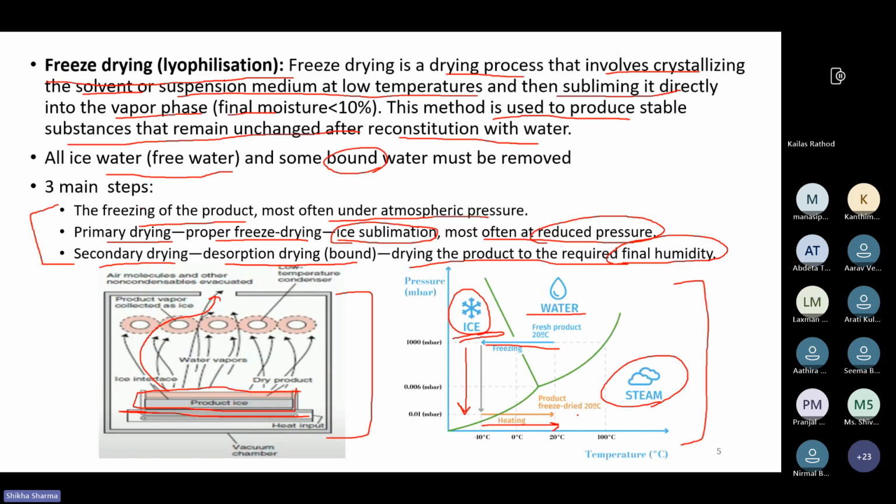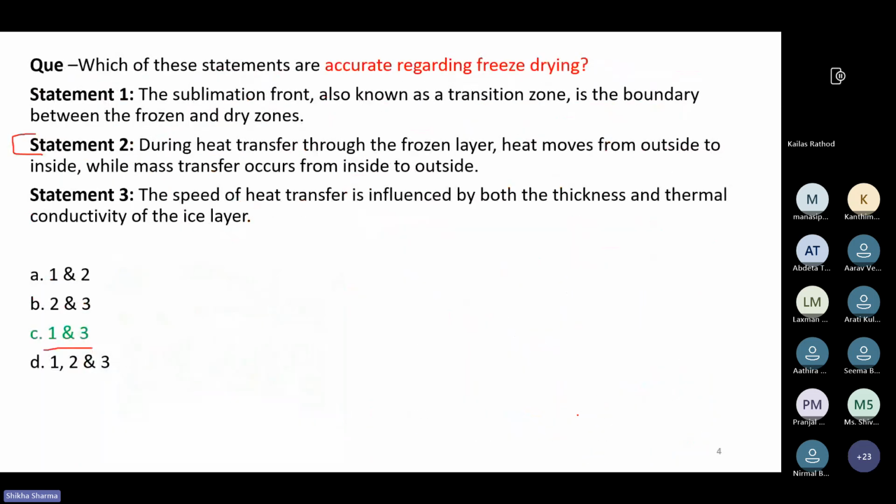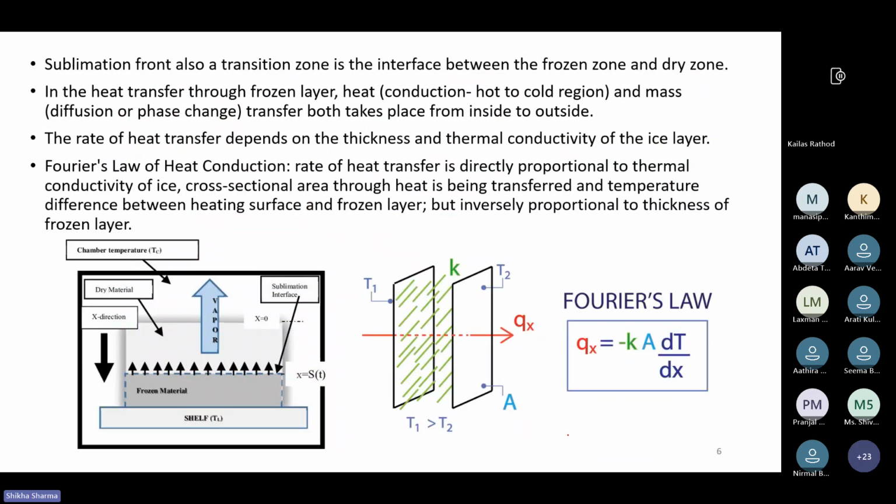So the question was asking about the sublimation front, about the heat and mass transfer, and about the rate of the heat transfer process. So what is the sublimation front? As we can see in the picture on the left, this is the whole product, this part is the frozen part, and this is the dried part.